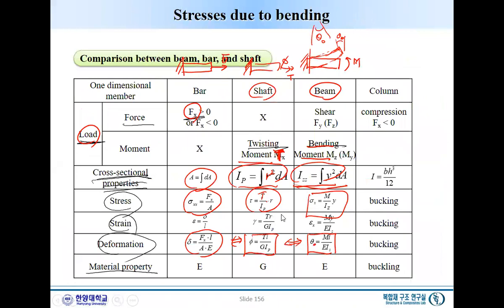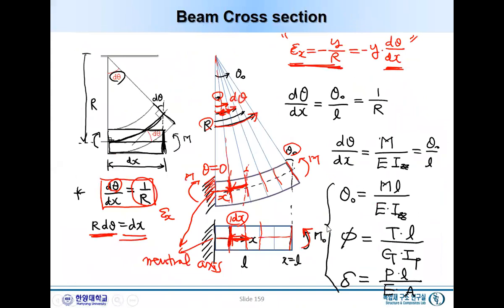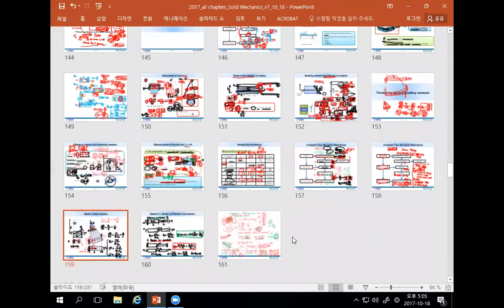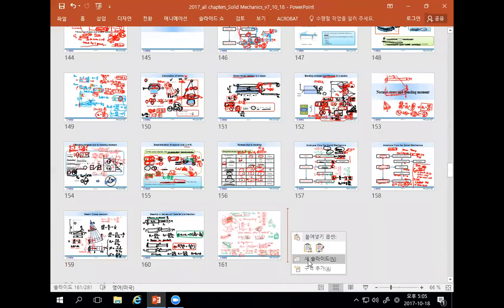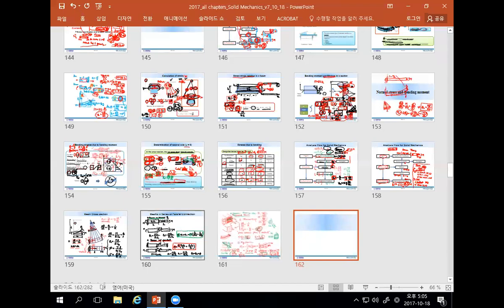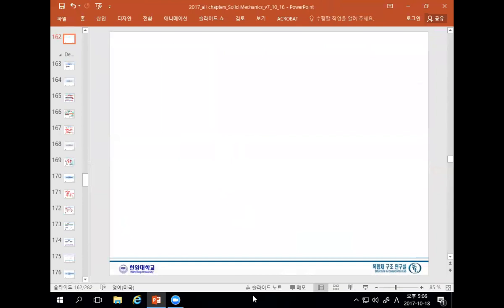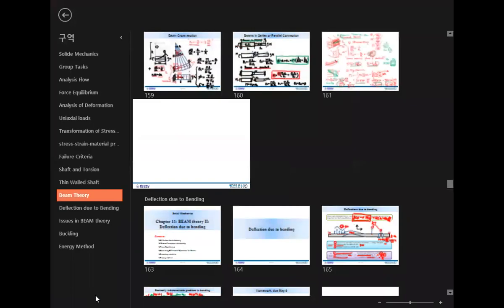Again, this final equation is only for a beam with one material. Now, one typical problem which I can assign in your midterm is something like that.